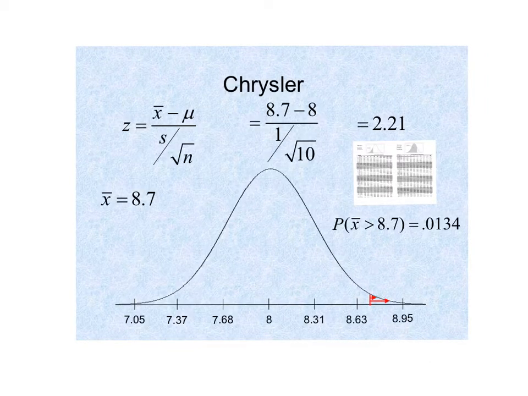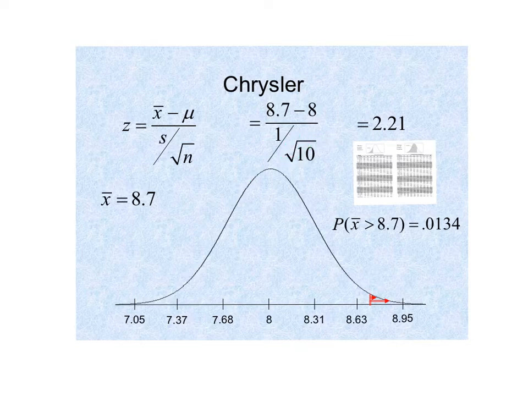If we go back to the Chrysler, that was talking about the cars and how fast it takes them to reach 60 miles per hour, right? From the sample of 10 cars, they got an average time of 8.7 seconds, minus Chrysler's claim of 8 seconds, divided by the standard deviation of 1 over the square root of 10.